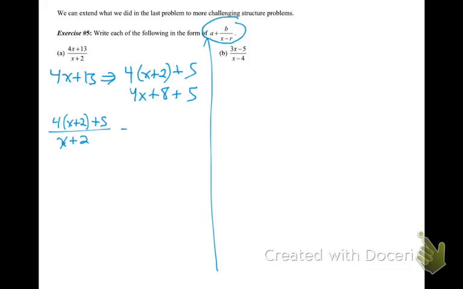That allows me to break up my fraction into 4 times x plus 2 over x plus 2 plus 5 over x plus 2, which allows me to cancel the x plus 2's, leaving me with just 4 plus 5 over x plus 2.